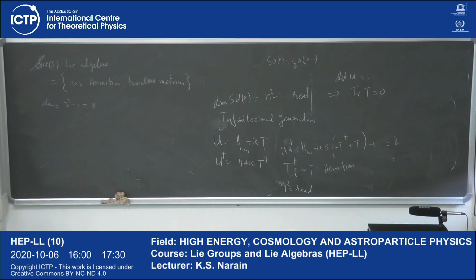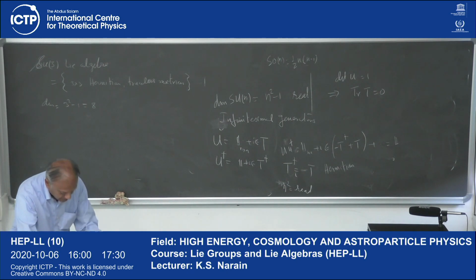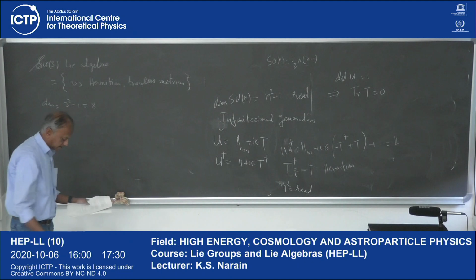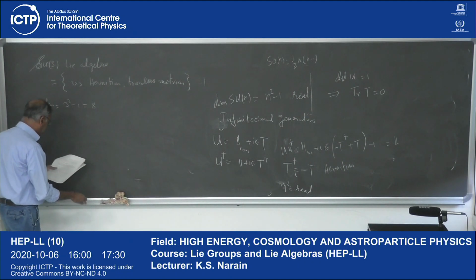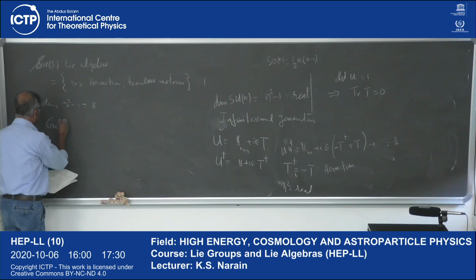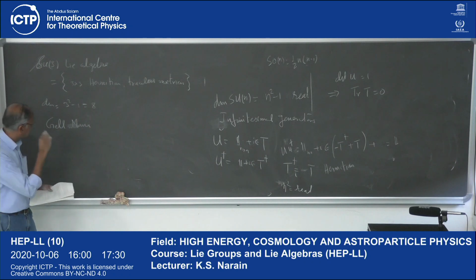Just like for SU2, where the dimension was 3 and we chose a convenient basis, the polynomials, here we also need to choose a basis. We just write down some basis. These are the so-called Gell-Mann matrices. Gell-Mann was, I think, the first physicist who used SU3 in the context of particle physics.